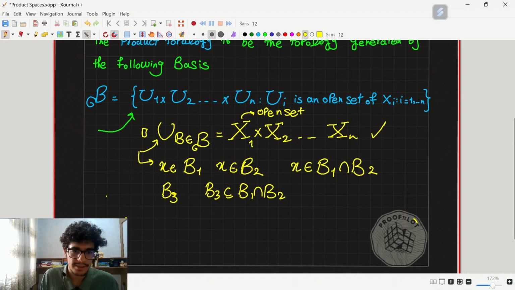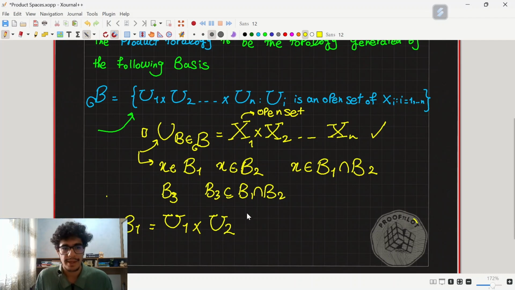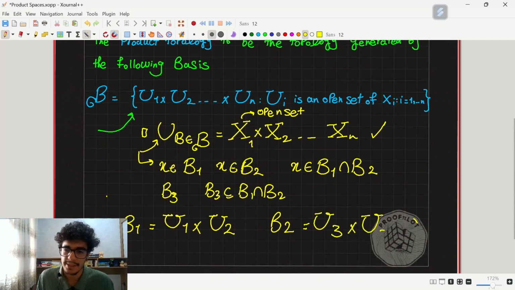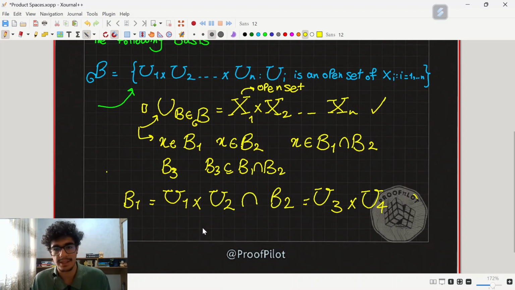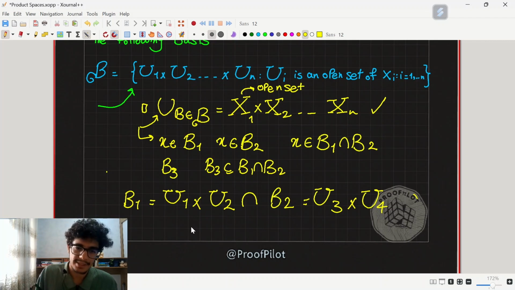So B1 is going to be the Cartesian product of some open set named U1 with U2. Then B2 is going to be U3 Cartesian product with U4. And for the intersection of these two things, there should be another member of our basis that is a subset of the intersection of these two things.